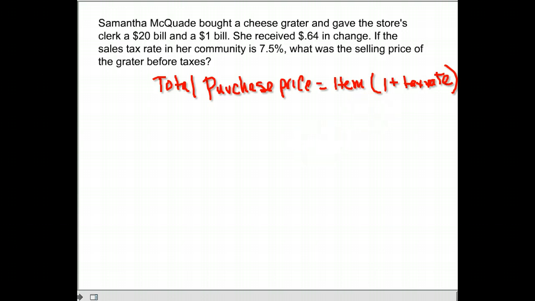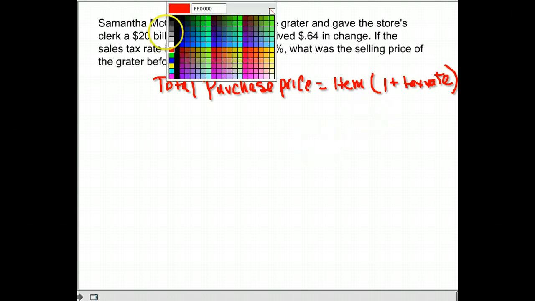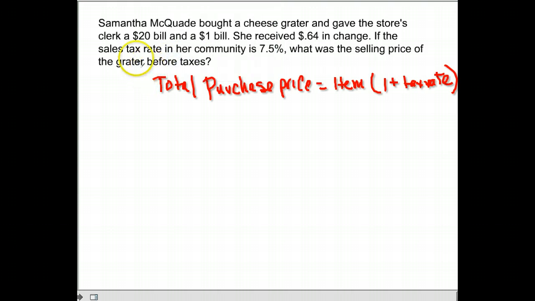The first thing we have to figure out is how much money did she give the clerk? Okay, how much did she pay altogether? What was the total purchase price? She gave a $20 bill and a $1 bill, so she paid $21, but she got 64 cents back in change.